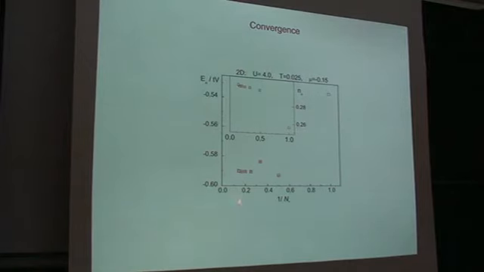So what we see, the two quantities of interest are just the equations of state: the energy per site as a function of temperature and chemical potential, and the filling factor as a function of temperature and chemical potential.